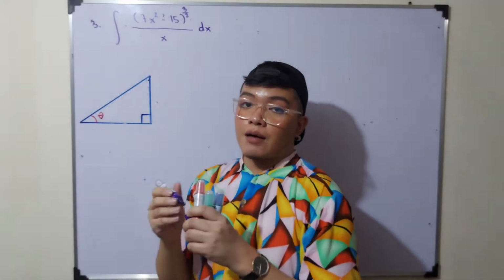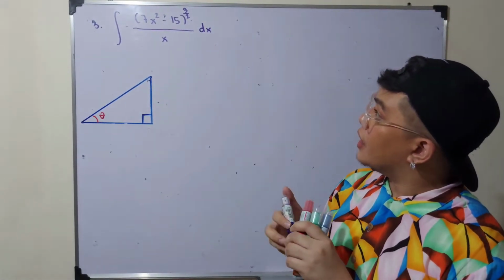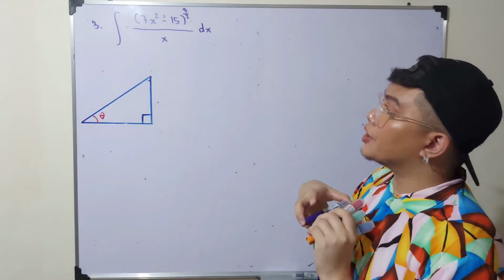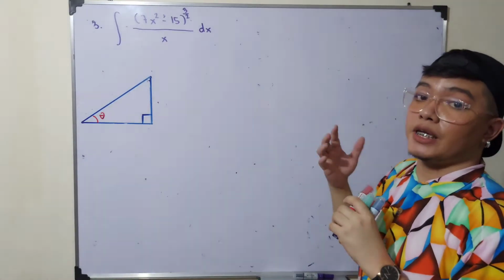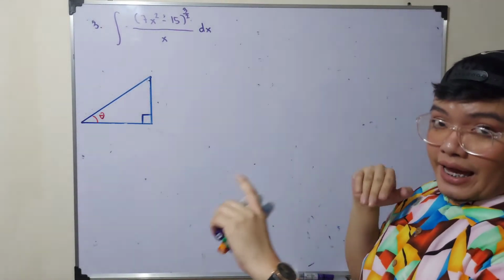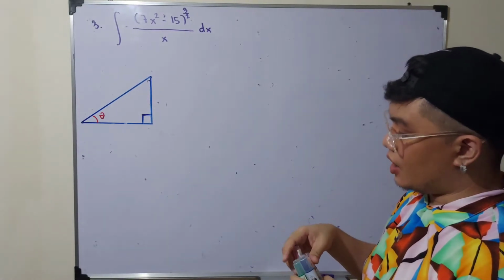Okay, for the third example, we have here the quantity 7x squared minus 15 raised to 3 halves all over x dx.